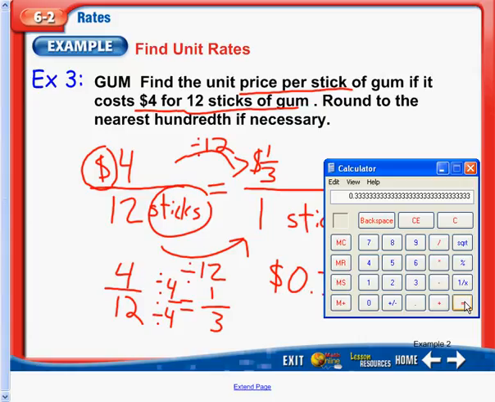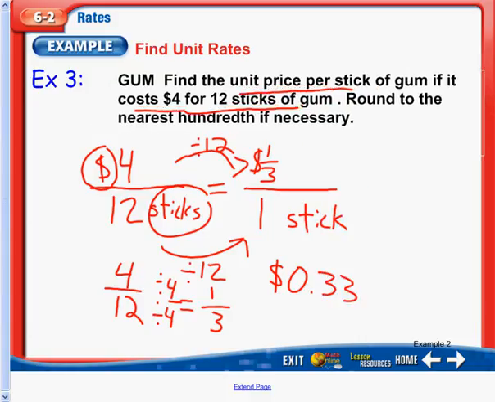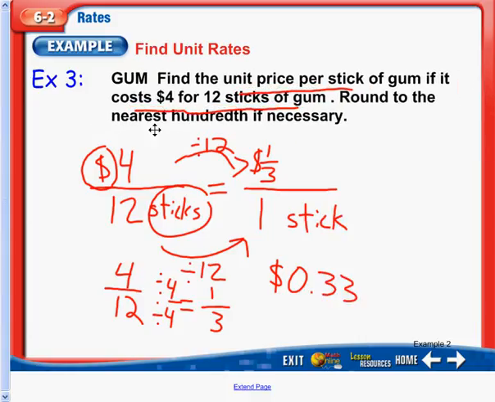The next number is 3. So we are typically looking at the third digit being the thousandths because we want to round to the hundredth. Again, as we saw here, rounding to the hundredth. So this is going to be our answer. We would actually stay at 33 cents or $0.33.